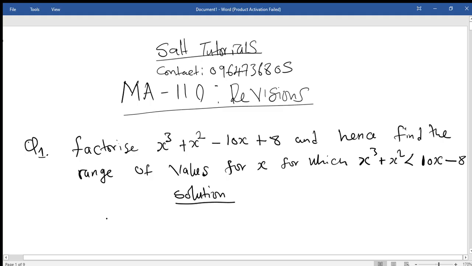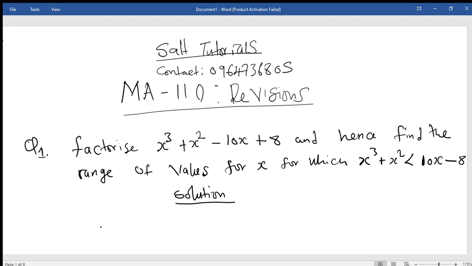In this lesson, we'll be revising some questions with respect to test 1, MA110. So we can try to remind ourselves of what we already learned, even as we are trying to prepare for the paper tomorrow.